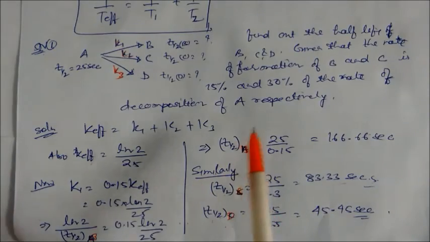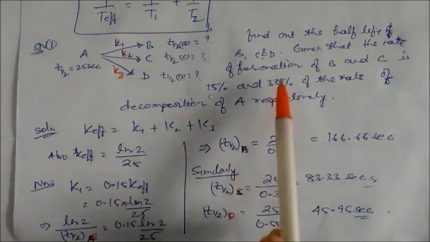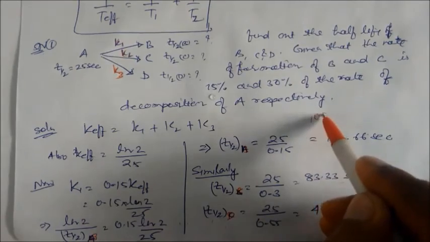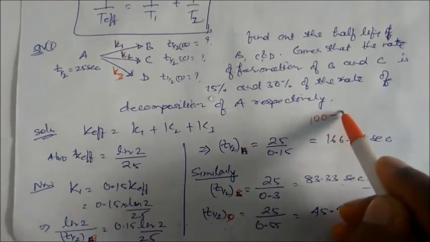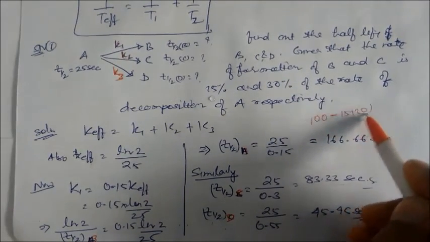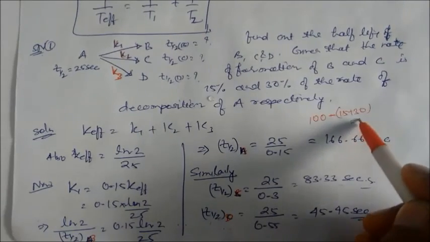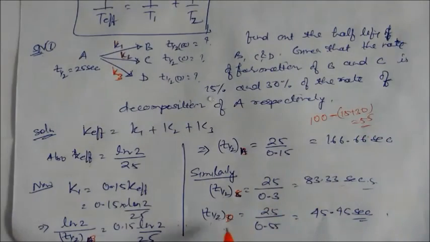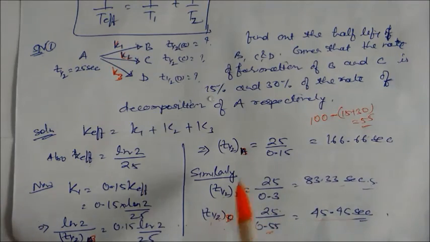So the total percentage of B and C is 15 plus 30, which is 45. So 100 minus 45, you will get 55, and this is nothing but the 55% for D. So 25 by 0.55, so you will get this much. So the half life of B is this much, C is this much, and D is this much respectively.